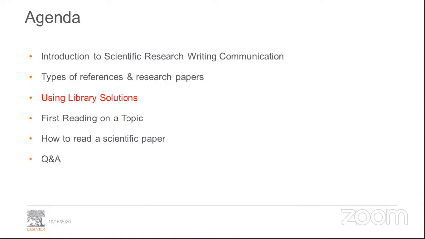Okay. So far, we should now know what the academic process is, what scientific research is, and why it's important for me to learn the skills of scientific research. When I start searching, what are the different types of references I'll find, what's the difference between them, and when should I use each reference.